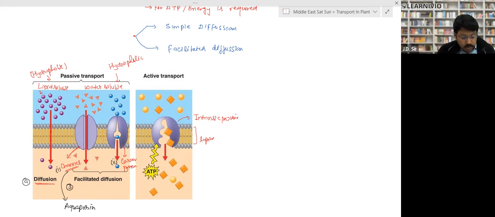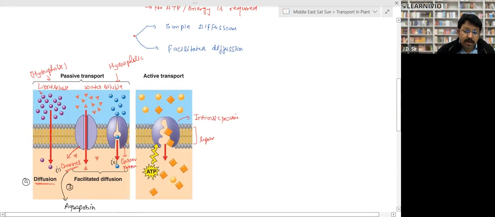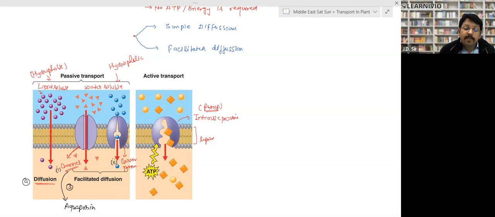In active transport, the movable carrier proteins are called pumps.